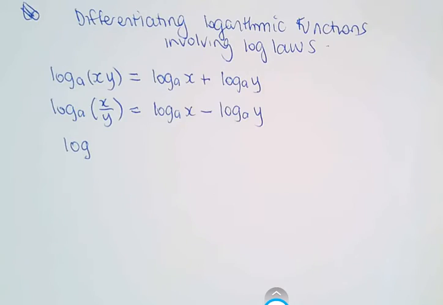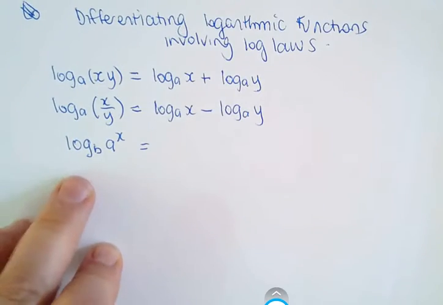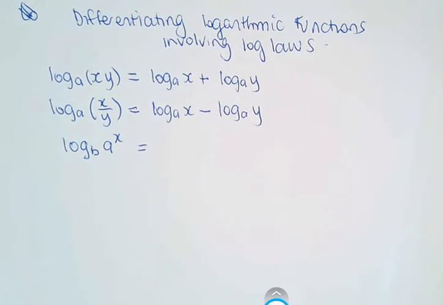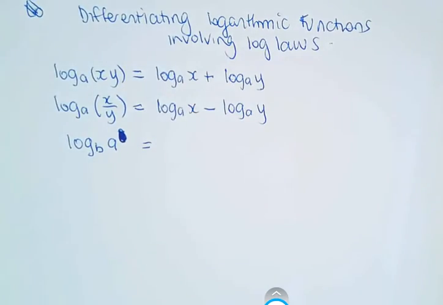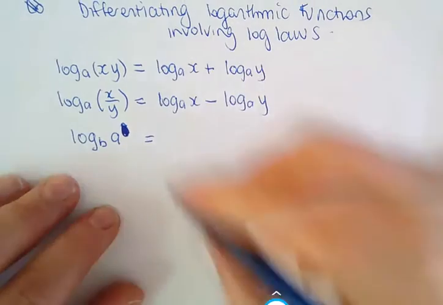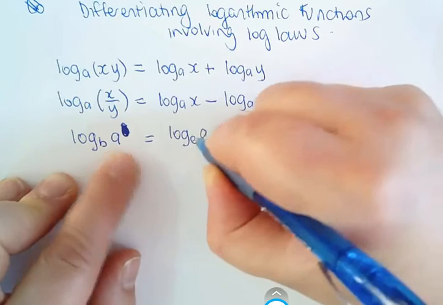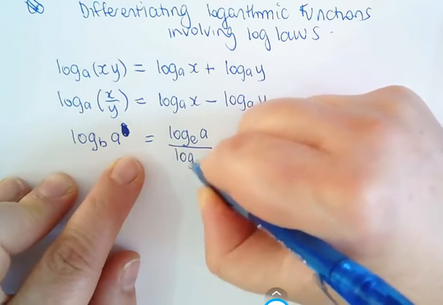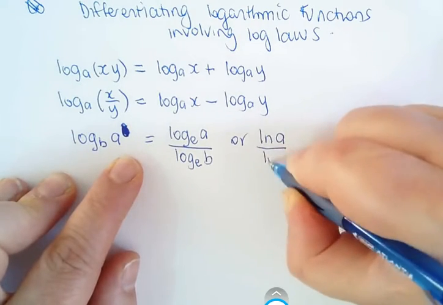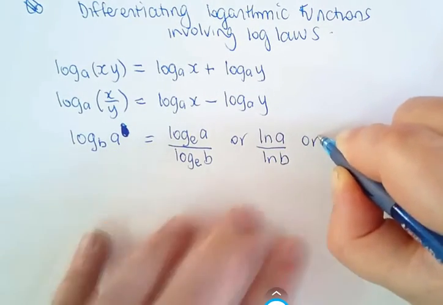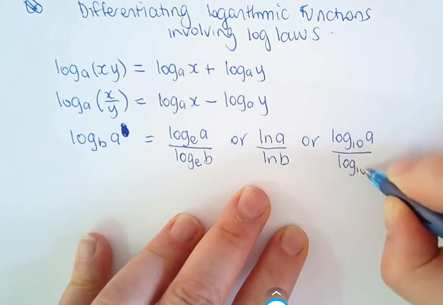And the last one is the change of base: log to the base b of a is log to the base e of a over log to the base e of b, or you could write it as ln a on ln b, or you could even do log to the base 10 of a over log to the base 10 of b.